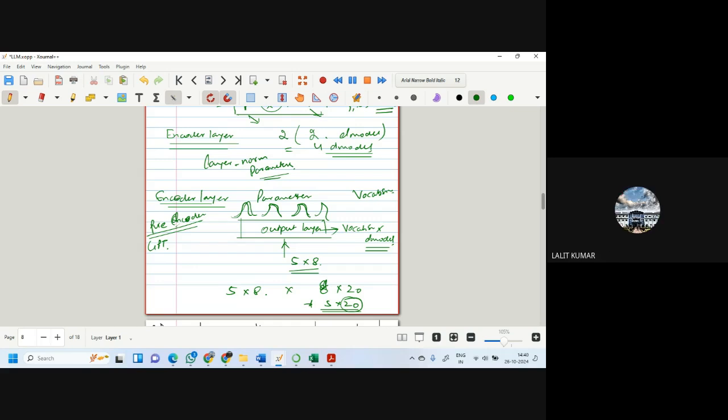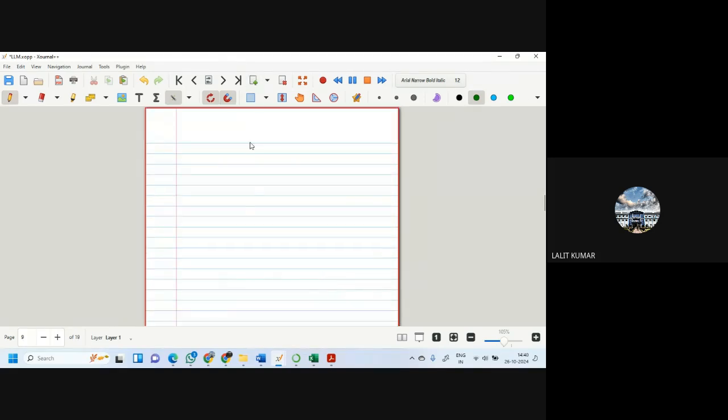So if we are giving that output layer, now we can summarize from the PA1 example: the parameters of your embedding matrix, embedding layer, and output layer are the same. So this we can write as 2 into vocab size into D model.